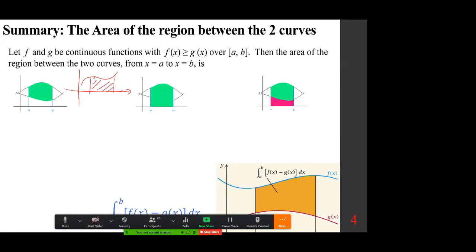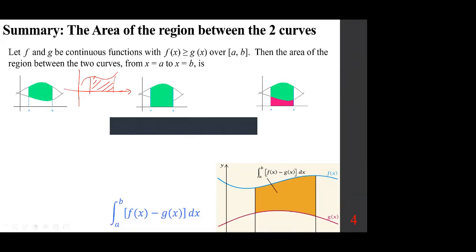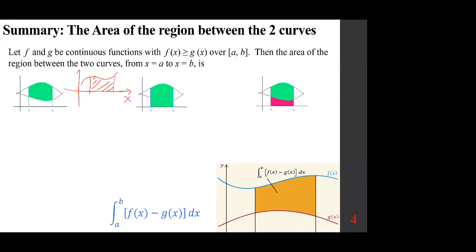And basically, what we are changing now is, what if we change the bottom function? Right now, the bottom function is the x-axis. X-axis means what? Y equals 0. What if we change it to a different function?